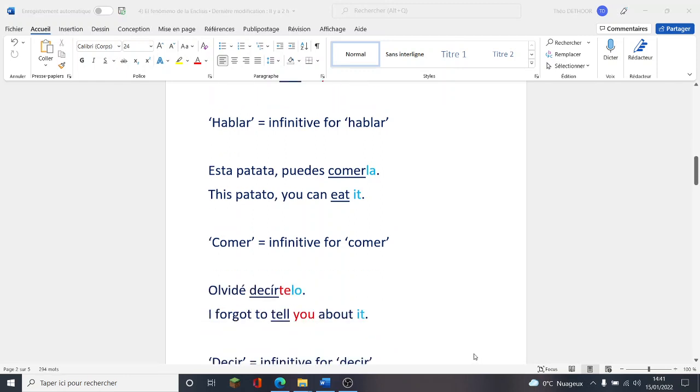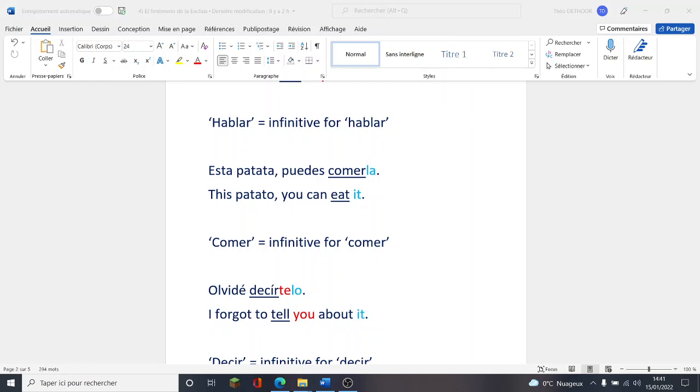The second example is the one I wrote under, which is esta patata puedes comerla. In English that means this potato, you can eat it. You have the same phenomenon, but with a direct pronoun referring to the potato, which is it in English. In Spanish it's la, and you need to stick it after the verb, which is comer, and it means to eat in English.